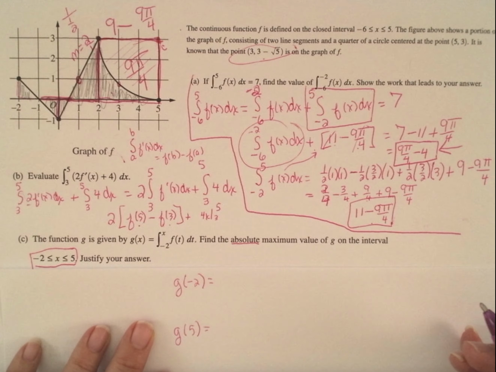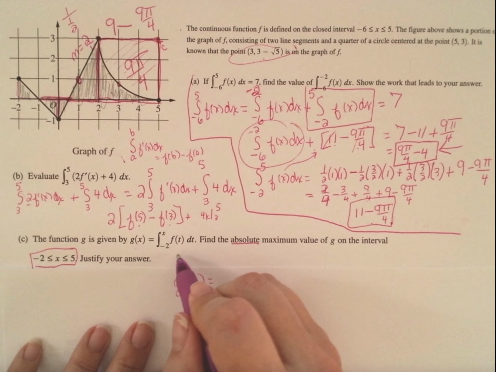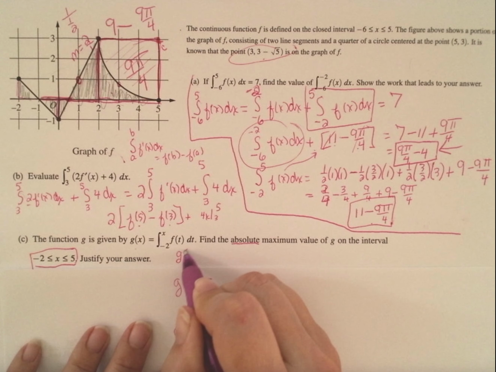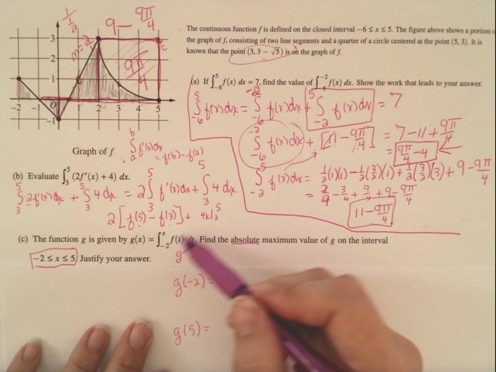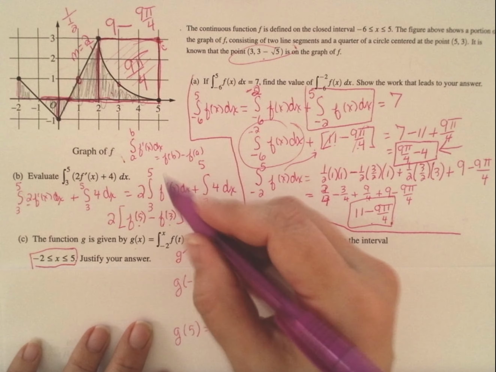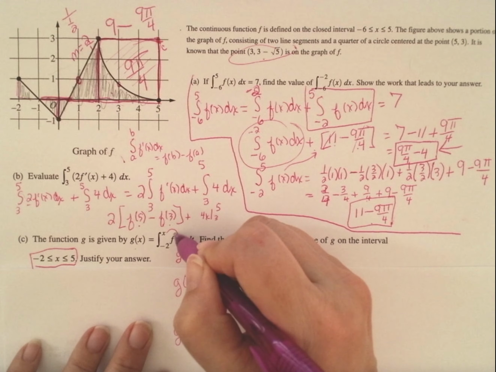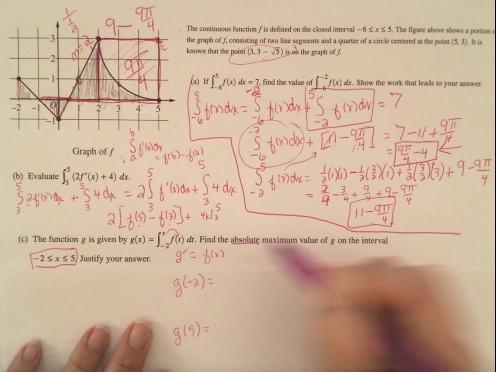Do we know what g prime is? Well, if g is the integral from negative 2 to x of f of t dt, the fundamental theorem of calculus part 2 says that g prime is equal to, now remember how to do the derivative of an integral, you ignore the negative 2 constant on the bottom and you merely plug the x in for the t. G prime is f of x.